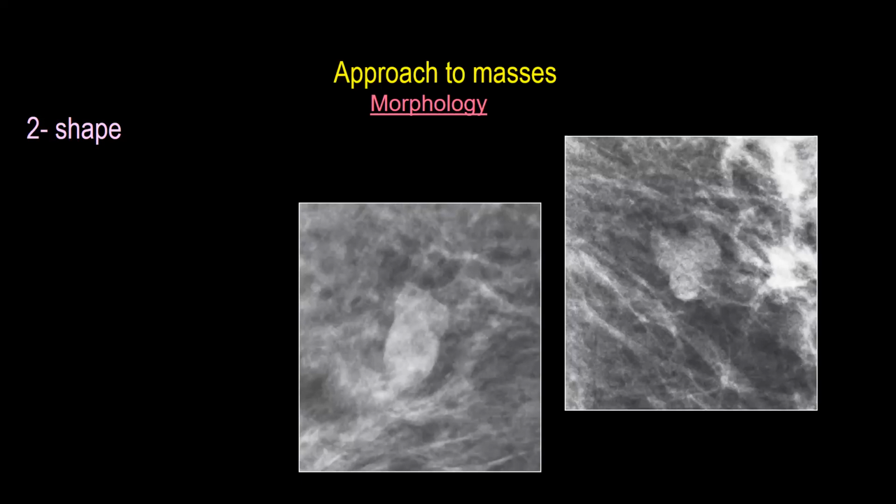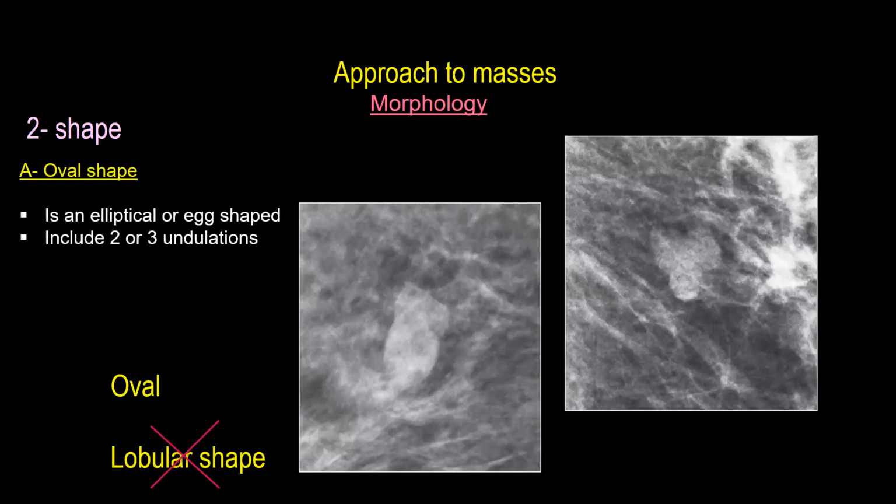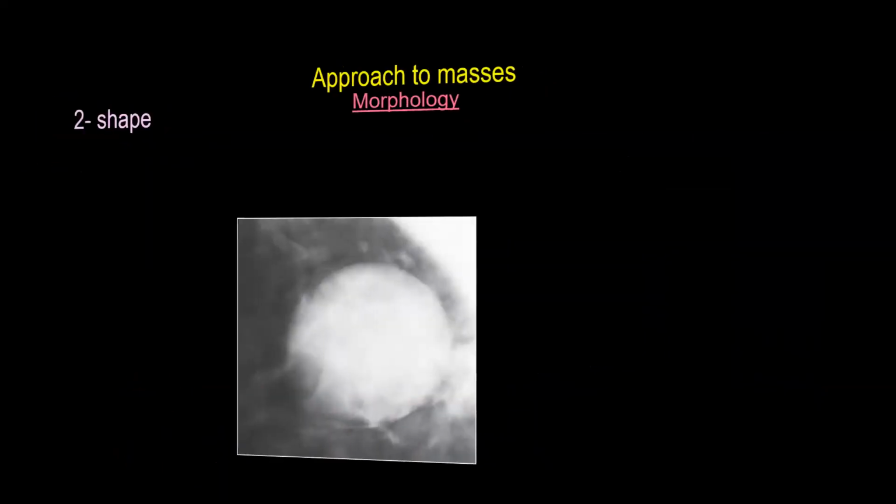If you have seen slight lobulations with a large cycle, not a small cycle, not numerous, up to 3, then you can call it an oval shape. Okay, no more lobular shape. Previously, they described it as a lobular shape, but they took it away. These are oval shape.